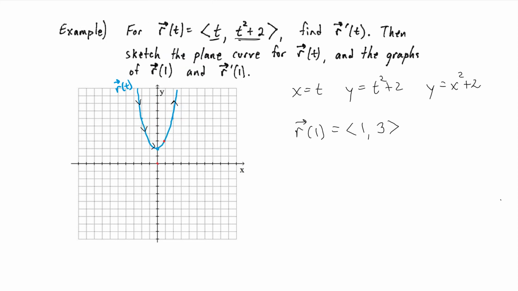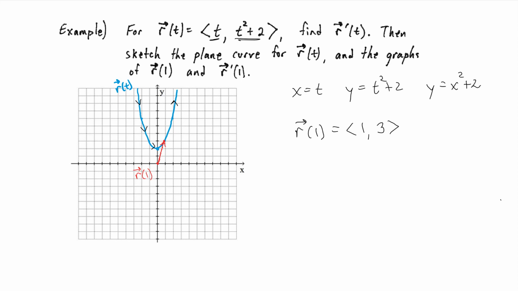Starting at 0, 0, I'd get this vector whose terminal point would be 1, 3. So that red vector corresponds to the terminal point 1, 3, which is on the curve. We talked about that last time. That's how you graph a vector valued function. So no surprise there.